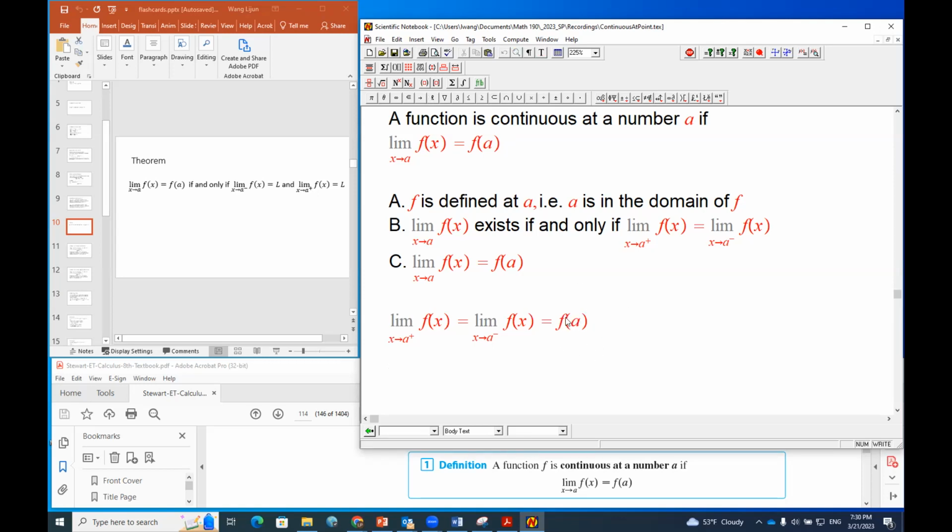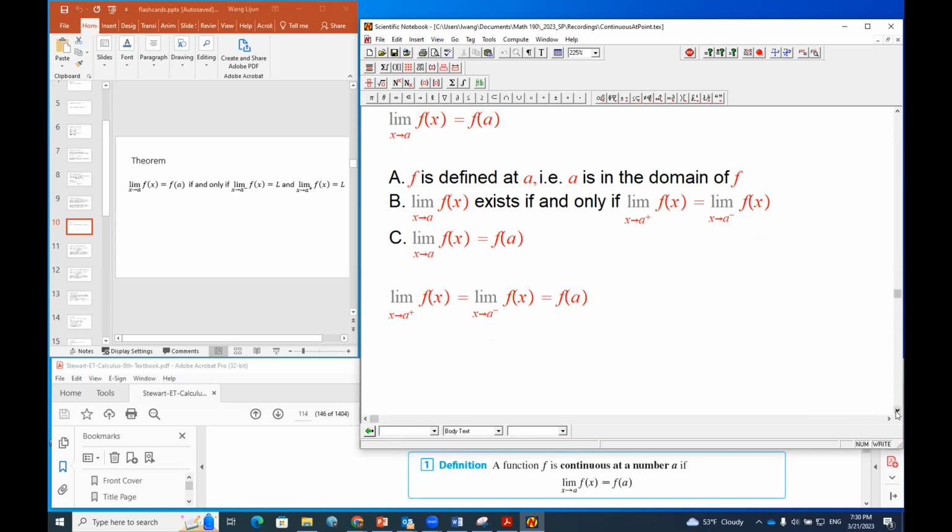Making all of these connections, let's talk about what it means that a function is discontinuous at A, the opposite.